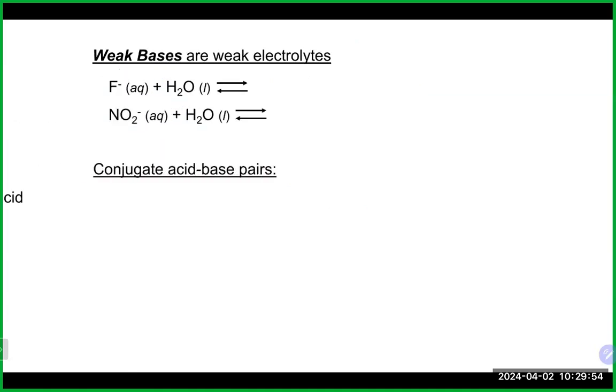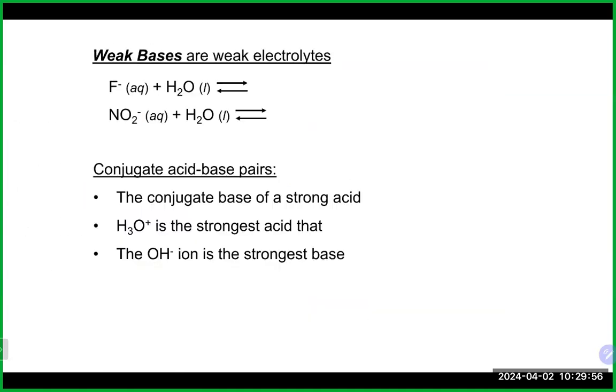We also have some weak bases as well. For example, here F- is a weak base, which is going to actually accept some H+ in these cases. And that's going to make a little HF and hydroxide, and a little HNO2 and hydroxide.